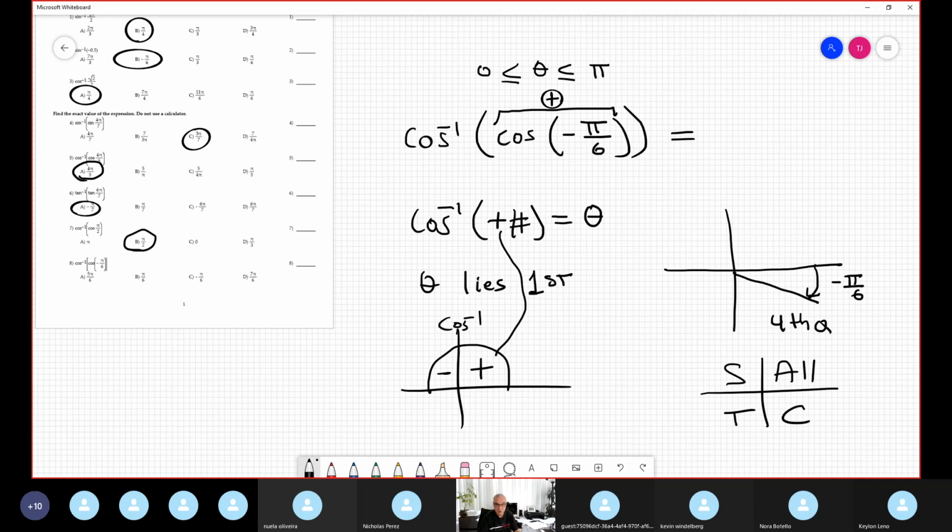When it's positive, that number lies in the first quadrant. Es obvio that the answer is pi over 6. Yes or no? It's the reference angle. What is the reference angle of this? It is in one quadrant with the same magnitude, but in the first quadrant, pi over 6. Super good or no?